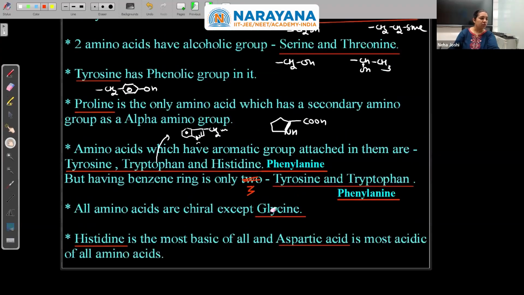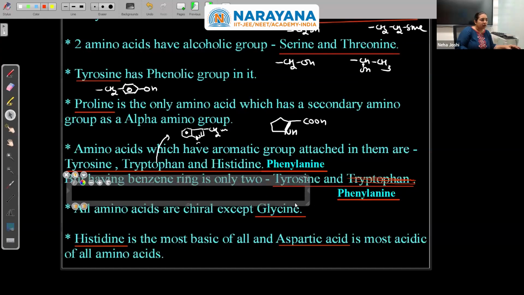And rather, I should refine this statement here. If I consider only benzene, then take only these 2. I will change something. Tryptophan has an indole structure in it.